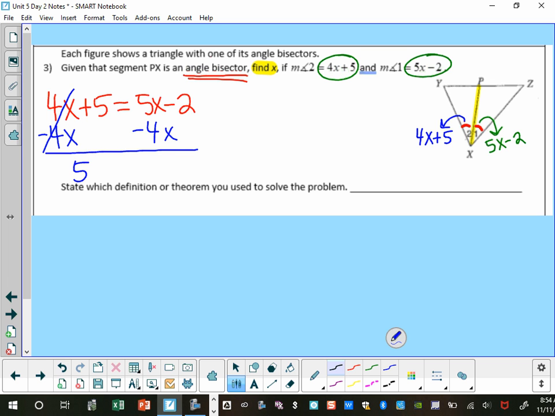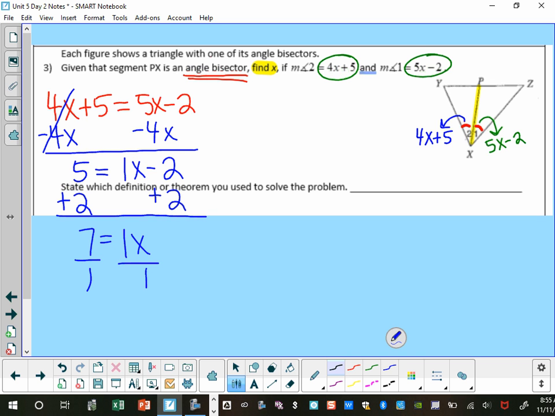I'm left with 5 is equal to 1X minus 2. Now what do I move? 2. Okay? So I add 2 to both sides. So I'm left with 7 is equal to 1x. If I divide by 1, x is equal to what? X is equal to 7.